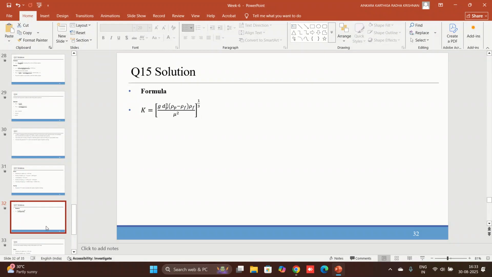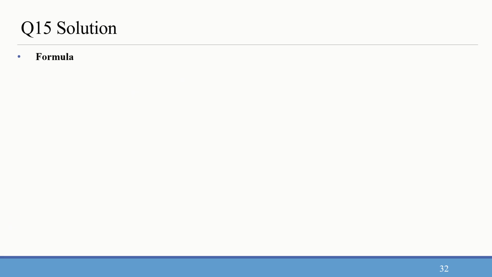So now find out the answer for this, and we will discuss. K is equal to g into dp cube into rho p minus rho f into rho f divided by mu square, whole to the power of 1 by 3.